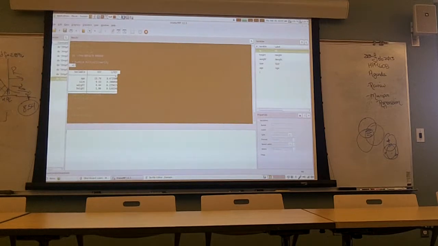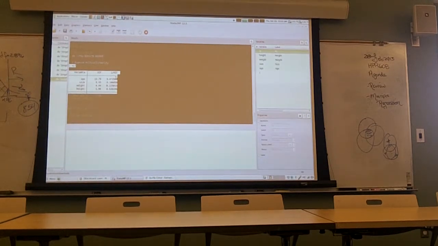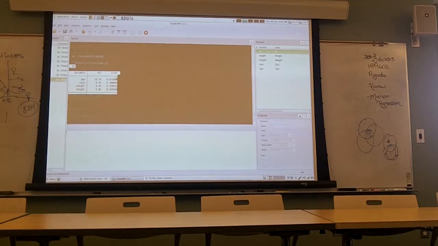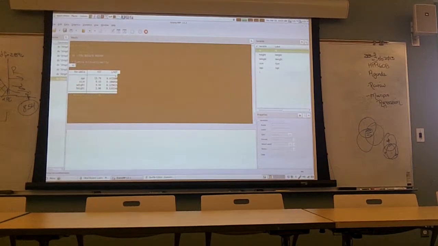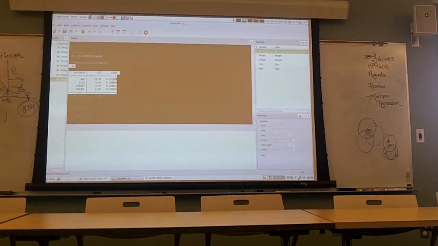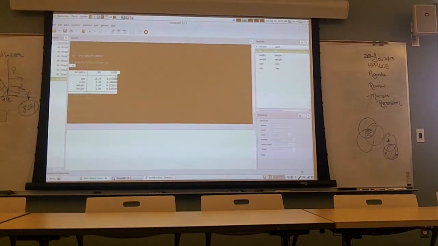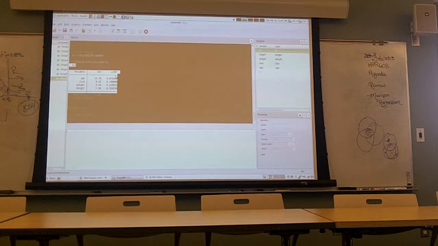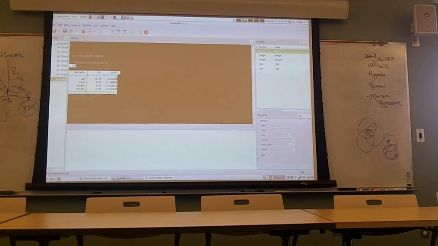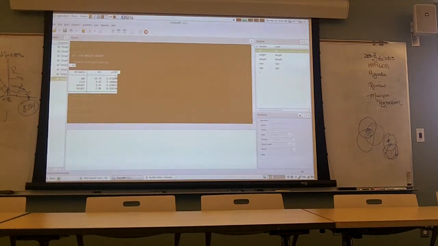We said, oh, we have to keep an eye on that because we might have multicollinearity. The problem with multicollinearity is that it will inflate standard errors. If you inflate a standard error, that's the denominator of your t-statistic. So what is that going to do when you inflate the denominator in division? It's going to make the quotient very small, therefore making it difficult to see the true relationship between variables.